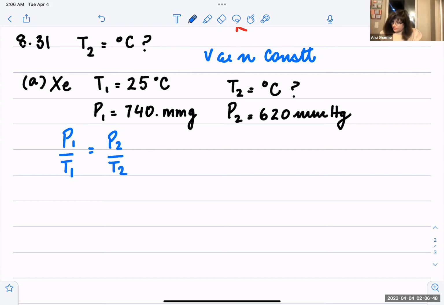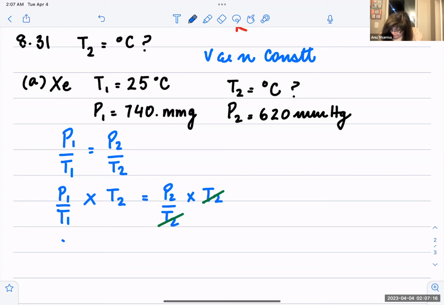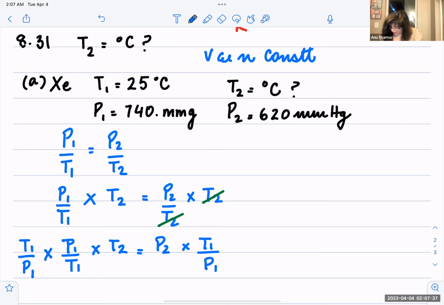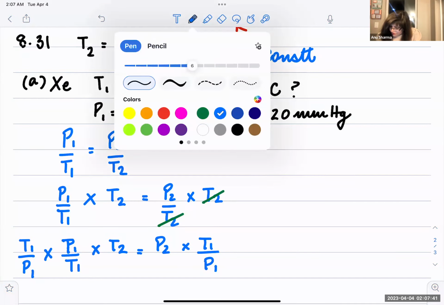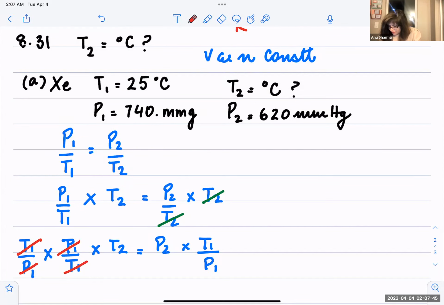Now, since we need to find the temperature, we have to do some algebraic rearrangement. Multiply both sides by T2: P1 over T1 times T2 equals P2 over T2 times T2, and the T2 cancels on the right side. Then we multiply both sides by T1 over P1, which cancels the P1 and T1 from one side of the equation and brings them to the other side.